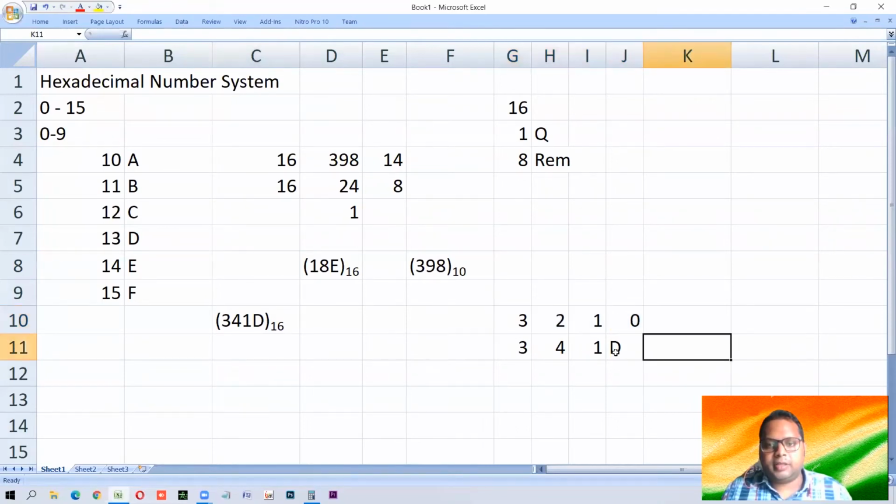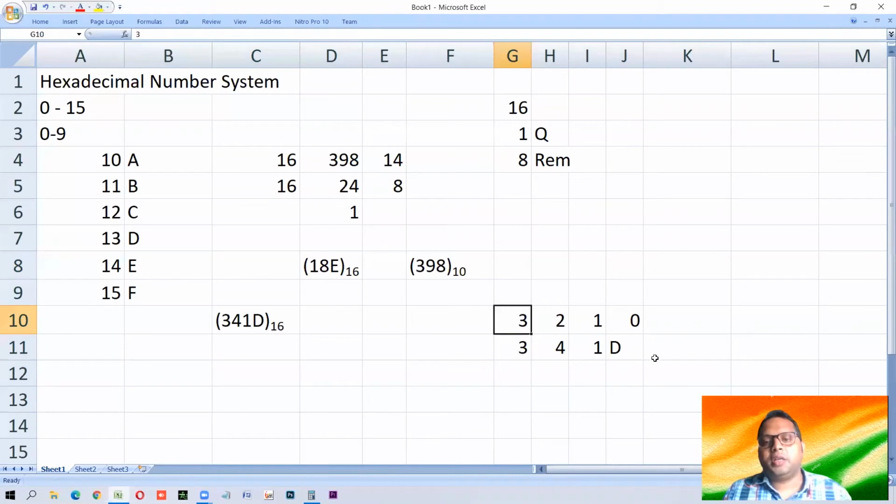This is the number 341D in hexadecimal. Now we need to convert it into decimal. We start numbering the first digit from 0, the second one 1, the third one 2, and the fourth one 3.